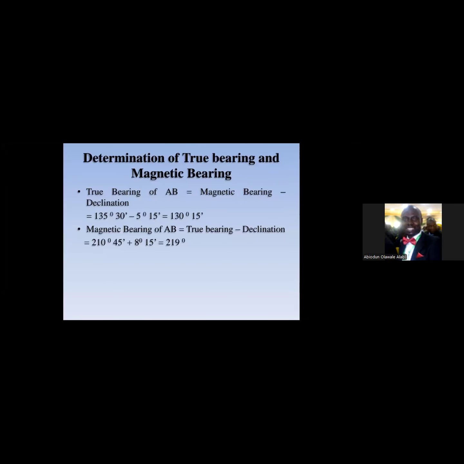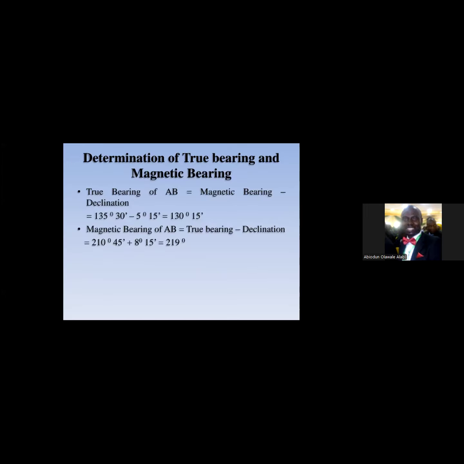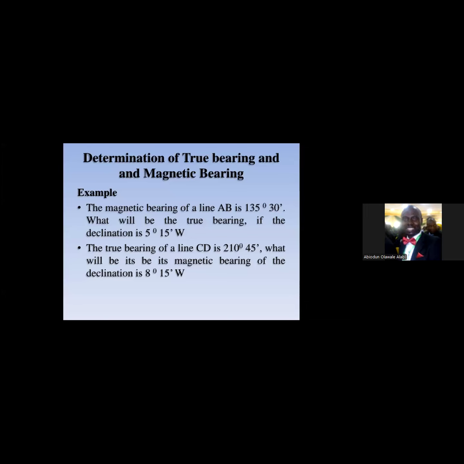True bearing will be equal to the magnetic bearing plus or minus declination. So if it is declination west, that means it will be minus, and that's why you are having minus 5 degrees 15 minutes, and the true bearing gives 130 degrees 15 minutes.